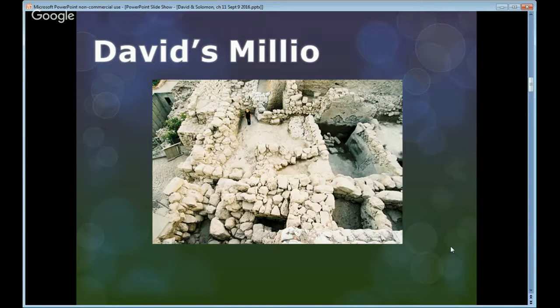But what this shows is that when scripture states that David's palace was built at a particular point in time, we do indeed find very large structures that coincide to a palace dwelling. We actually find archaeological evidence for that again in the 10th century.